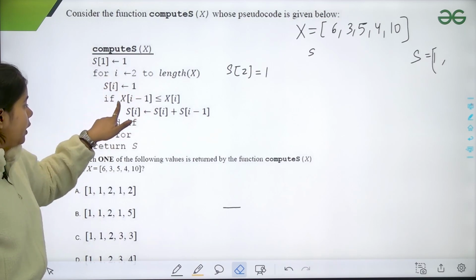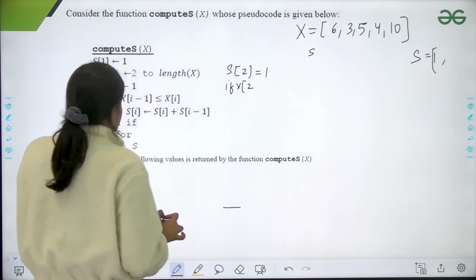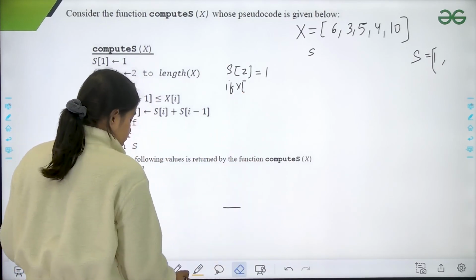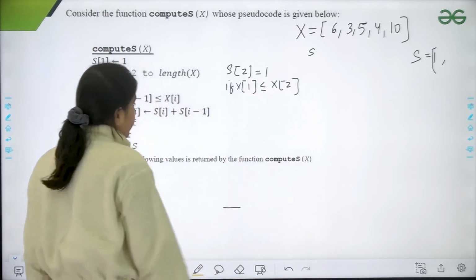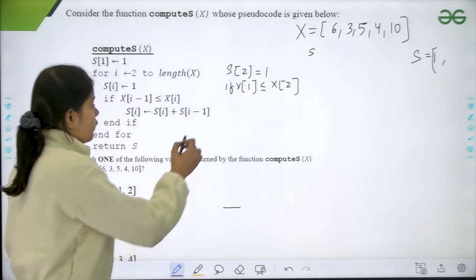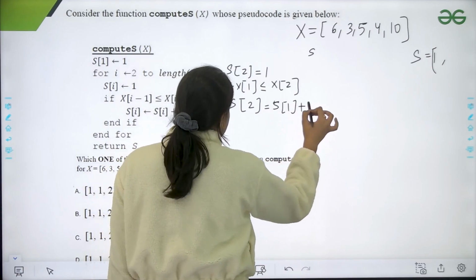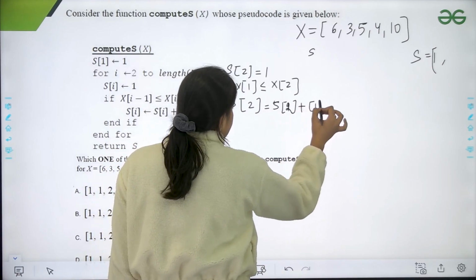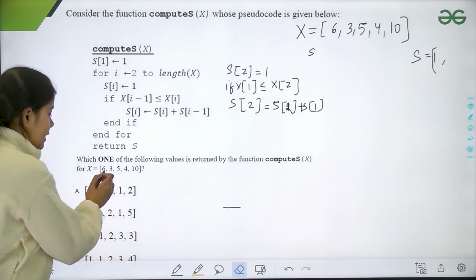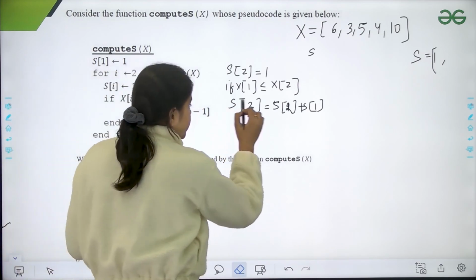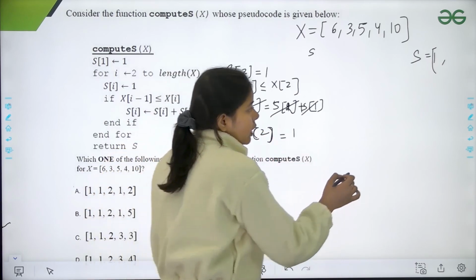Now, if X of I minus 1, that means X of 2 minus 1, that means X of 1, is less than X of 2, then S of 2 would become S of 2 plus S of 1. Let's see: X of 1 is less than X of 2, is 6 less than 3? No. So this would not run, and S of 2 stays 1.